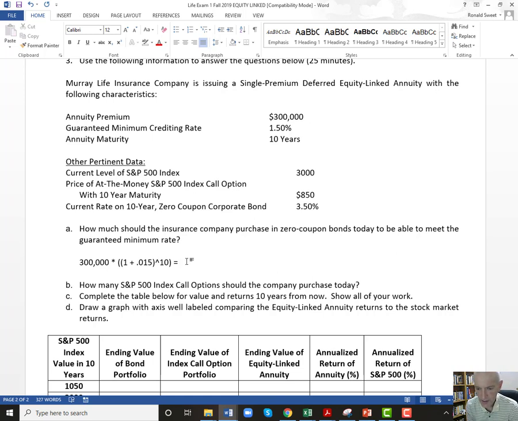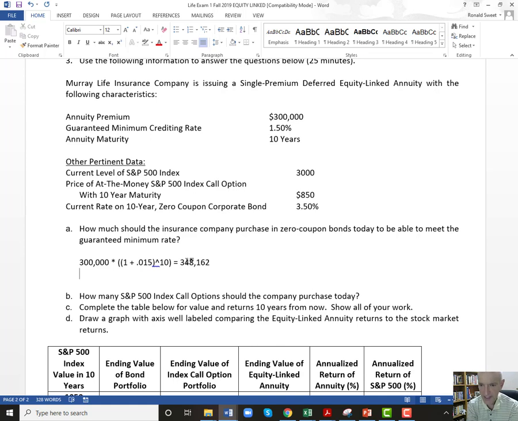So at the end of this contract, we need to make sure that we have $348,162. And you can ignore rounding for this. I don't care if you round up or round down, but $348,000.